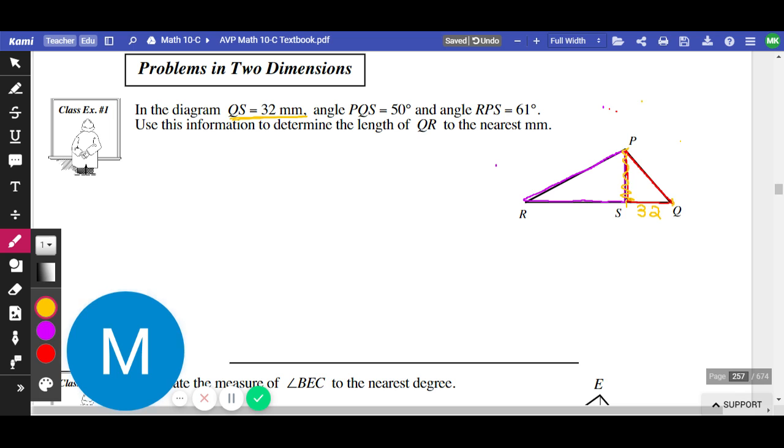Angle P to Q to S. The middle letter is usually what it is. But that means if you go from P to Q to S, the angle you make right there is 50. And angle R to P to S, this angle right here, is 61.